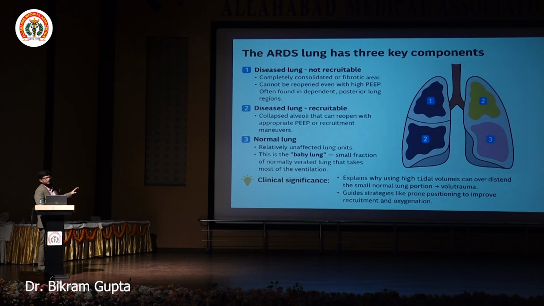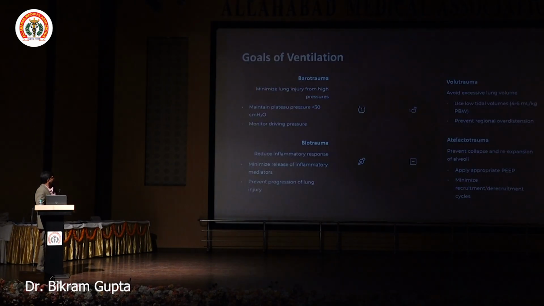On the basis of that, the baby lung concept has arisen, because we just want to ventilate only that part of the lung. We want to save that part of the lung. Don't give too much tidal volume and injure that healthy part of the lung. So whenever you are ventilating an ARDS patient, you need to think that this patient has a lung just like a baby's, so we have to deliver the tidal volume in an amount that will not injure the healthy lung.